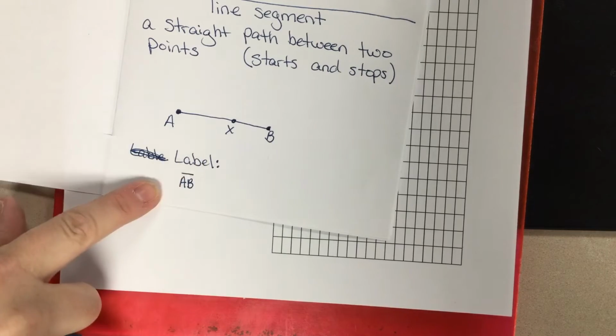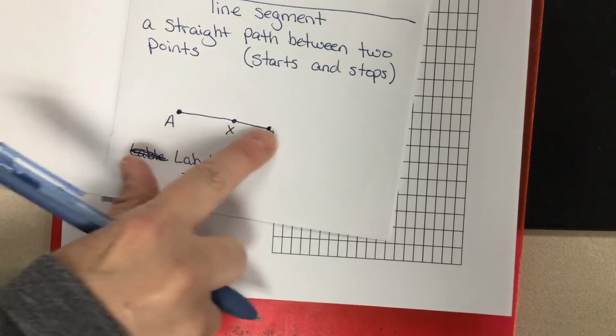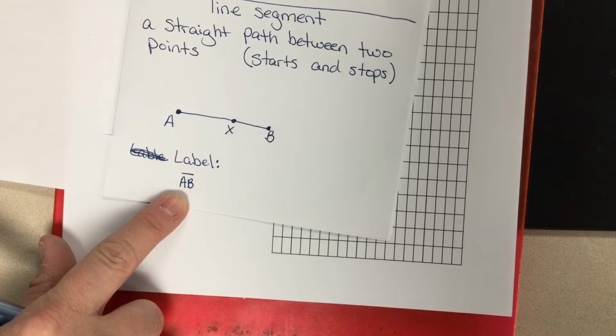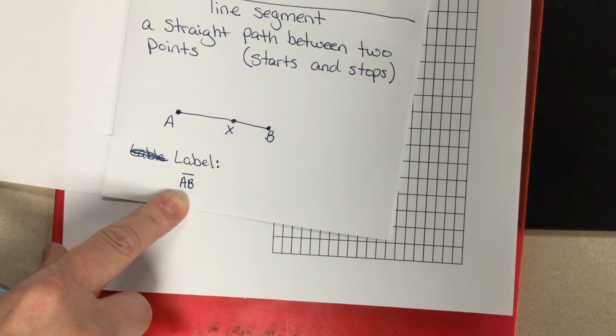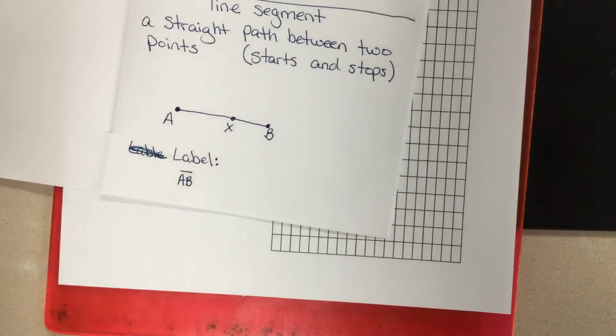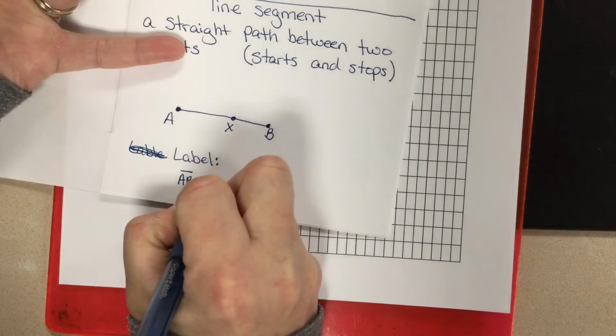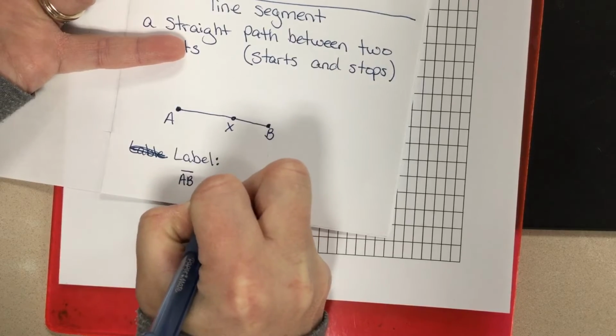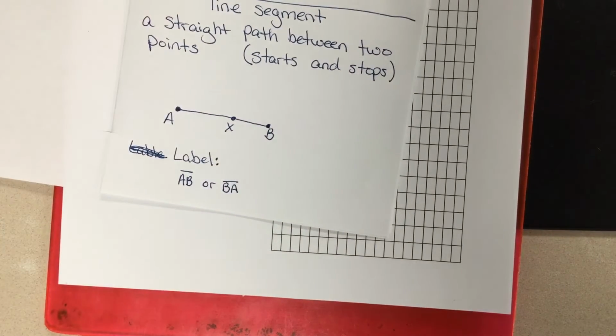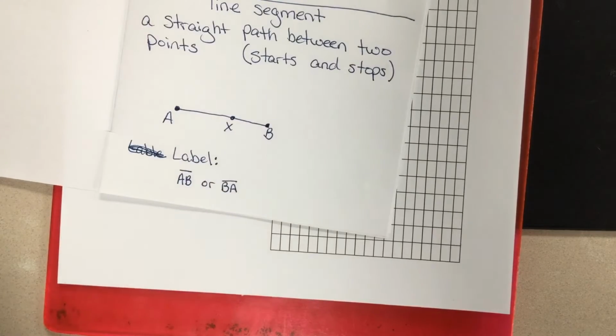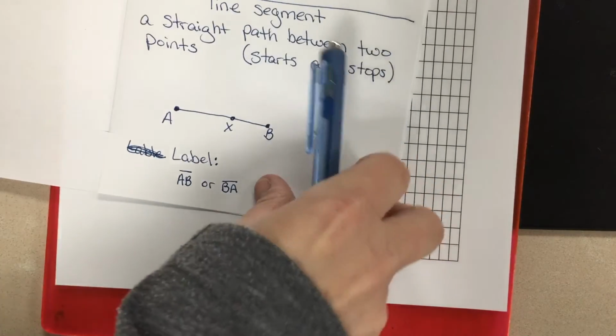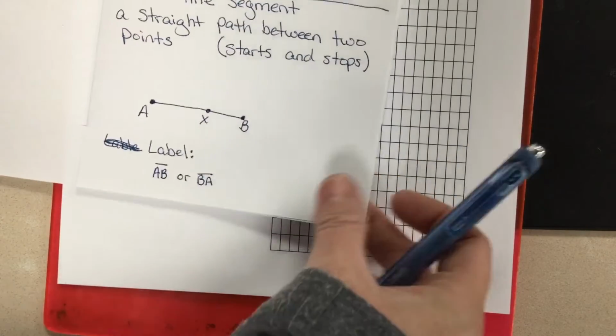This is how I can label it. So if I'm talking about this line segment right here, I can label it as line segment AB. This is a symbol that we can use. I can also reverse the order of those letters, and it could be BA. If you just have the letters, you don't have that symbol above it for your line segment, then it would be wrong. Or if you have the wrong symbol above it. Everybody's got that? I'm going to turn the page.